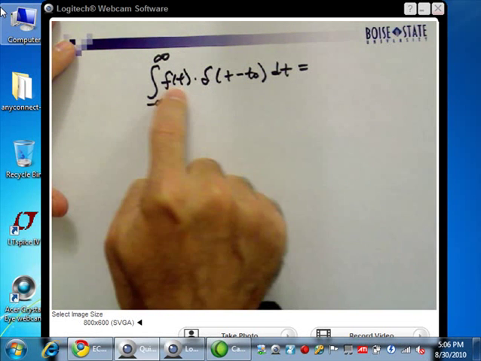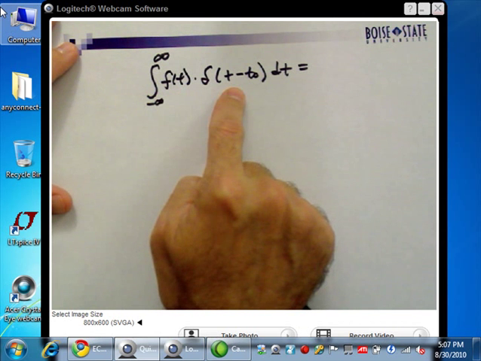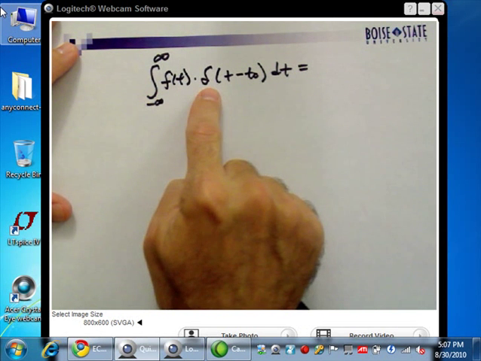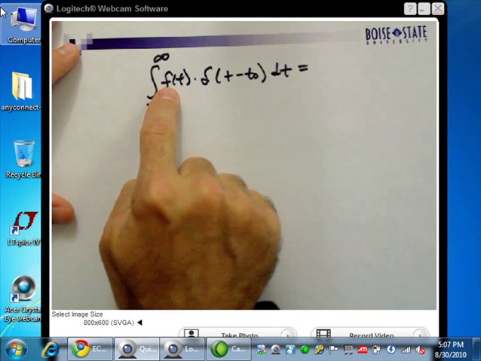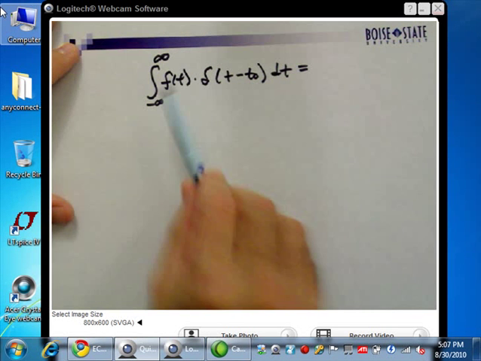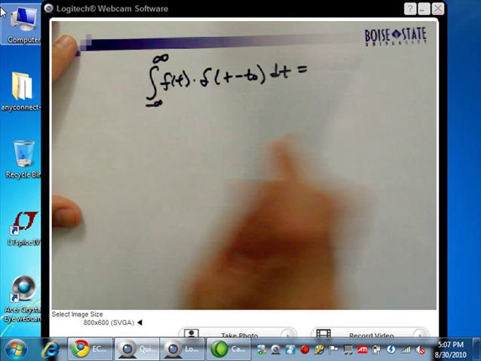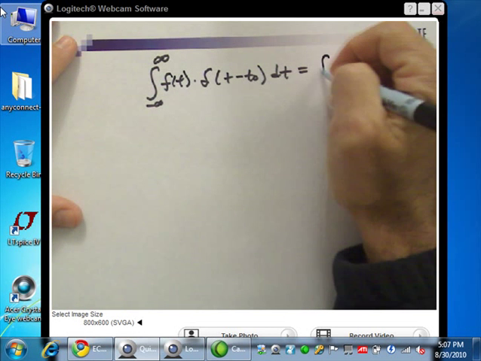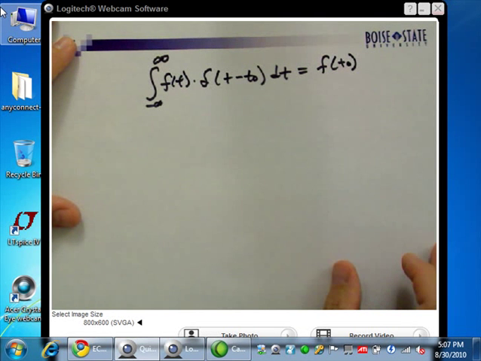The product here is infinite when t is equal to t0, right? Because the amplitude of the Dirac delta function is infinite at t equals t0. But when I integrate that function, because the width is approaching 0, I end up getting a weighted infinite response that gives me this function evaluated at t0. Does that make sense?